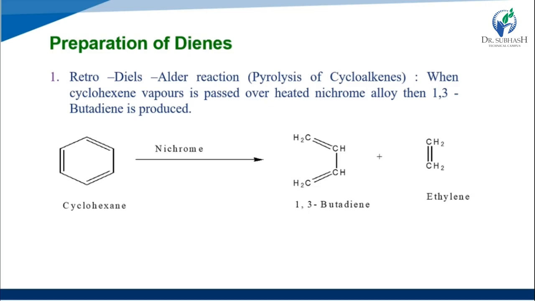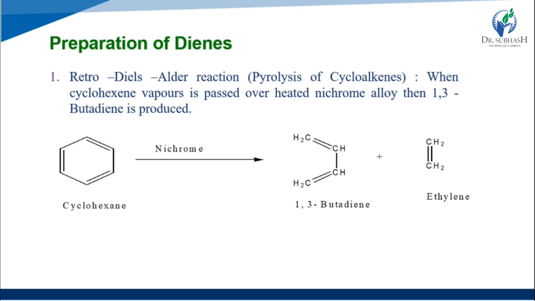First, the retro Diels-Alder reaction, also called the pyrolysis of cycloalkane. When cyclohexene vapor is passed over heated nichrome alloy, 1,3-butadiene is produced.